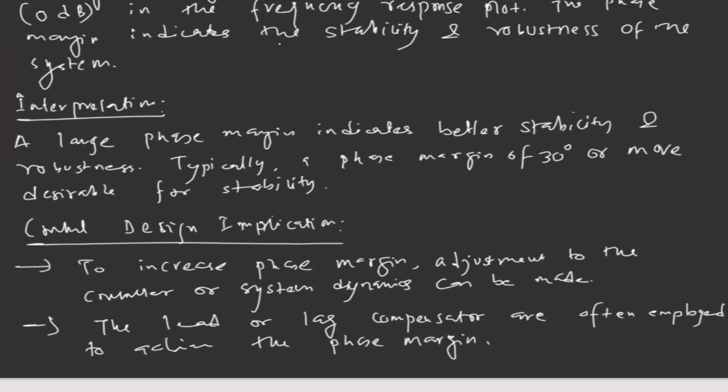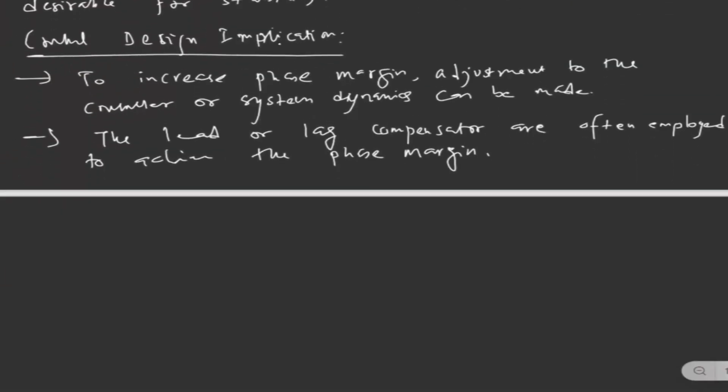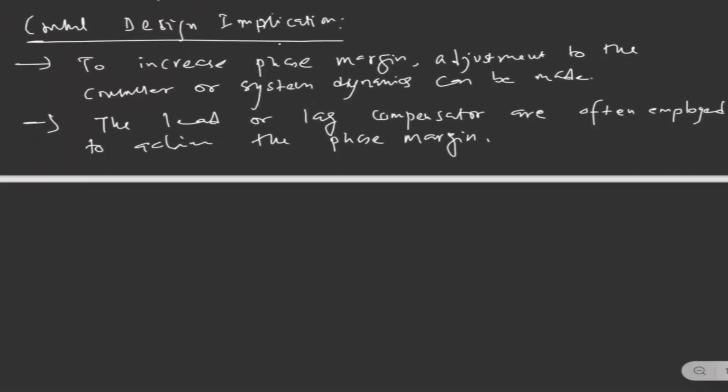We'll look all these parameters using the frequency response plot, and it will be very clear. So this is how we can define the phase margin in the system and how we can increase the phase margin by introducing the compensator to the system.